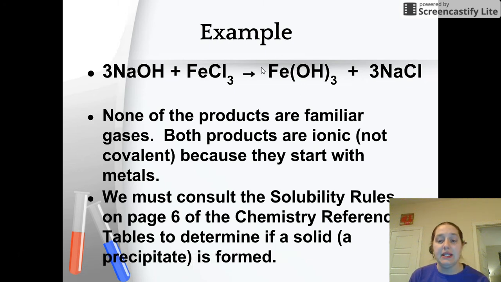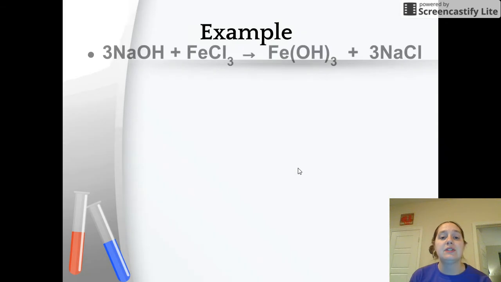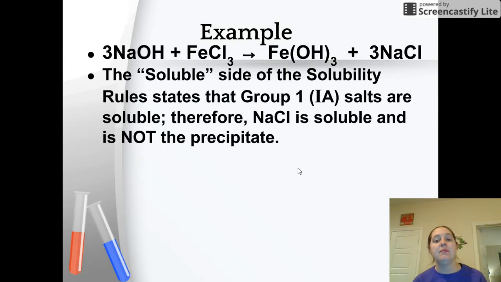So we have to figure out if either one of these is a solid. Looking at the solubility rules, the side on the left states that if it follows that rule, it will be soluble, and on the right, it will be insoluble. There's a rule that states that group 1A salts are soluble. So we automatically know this one is aqueous. It's soluble. It dissolves.